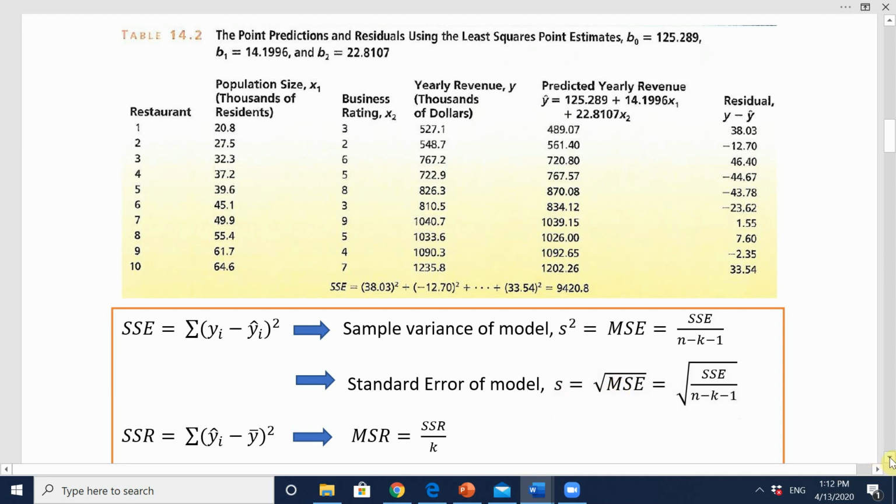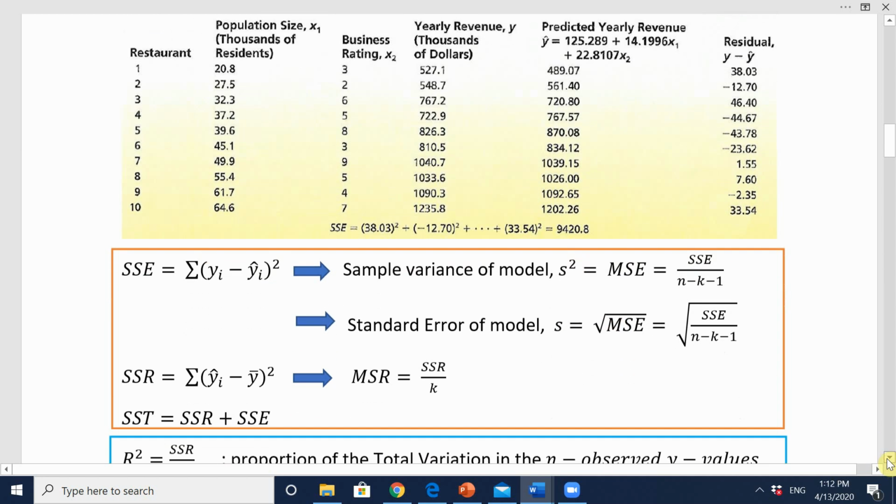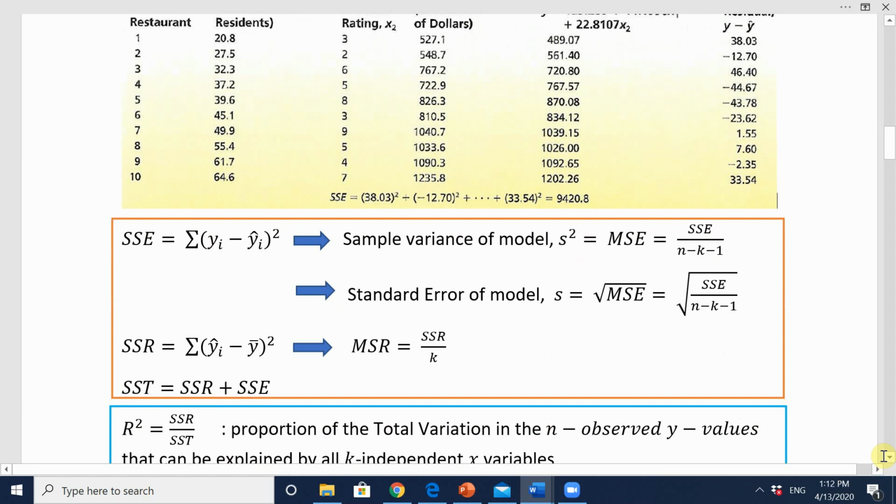Very quickly again, when we talk about the different variations that are contained in the observed y values, well, we also have here another source of variation, and that is SSR, otherwise known as the explained variation in y. And so yes, by the way, over here, let me just quickly remind you that SSE accounts for the unexplained variation in y. Okay, so we've got the unexplained variation plus the explained variation.